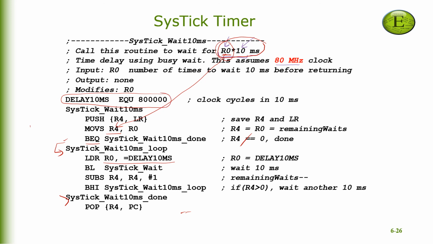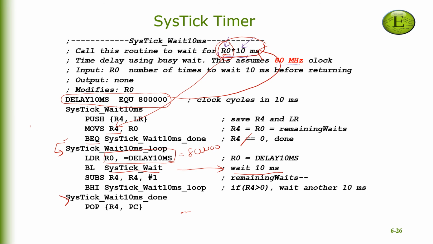This 800,000 corresponds to 10 milliseconds. If you allow the timer to count from 800,000 all the way to 0, then it corresponds to a 10 millisecond delay. So set the value of R0 equal to 800,000 and invoke the routine. That is going to introduce a delay of 10 milliseconds that we've seen before.